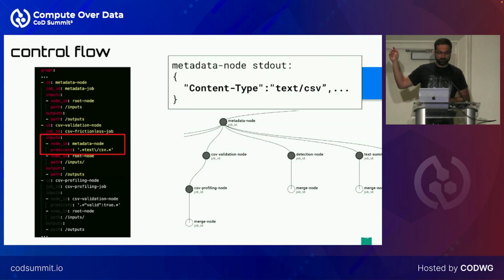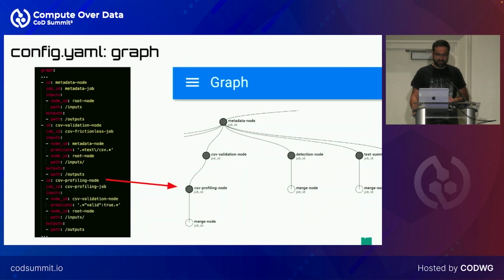How do you do that? You just add a predicate line next to your input, and this is essentially running a regex against the metadata node standard output in this case. For instance, if it's a text/CSV file, that will pass, and the validation will be scheduled for processing, and so on.